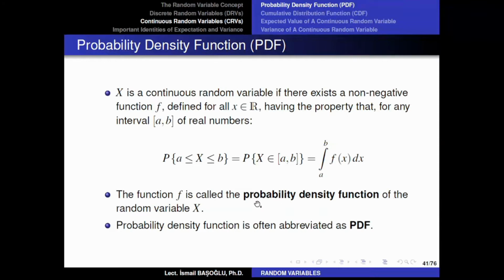So we call this function probability density function. If a random variable has a probability density function which helps to calculate such probabilities, then x is going to be a continuous random variable. If x is a continuous random variable, then it has a probability density function which helps to calculate such interval probabilities by the integration of the PDF from a to b.